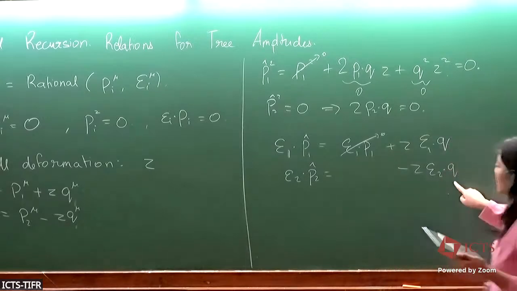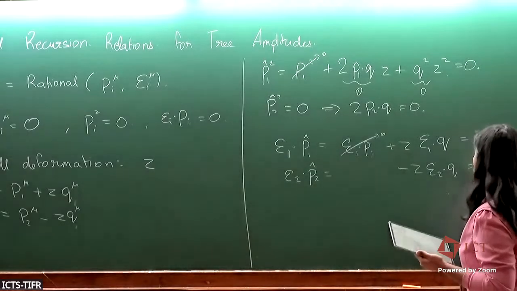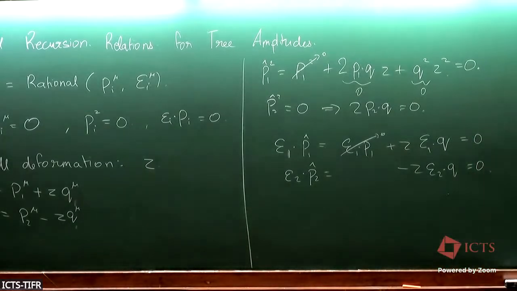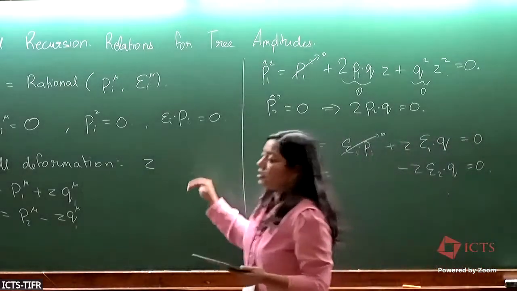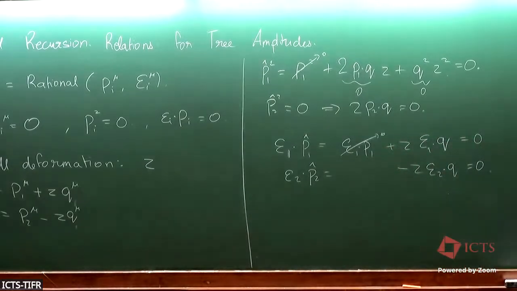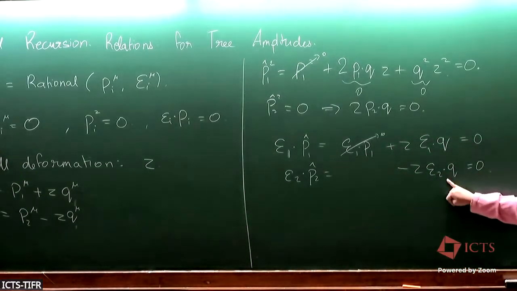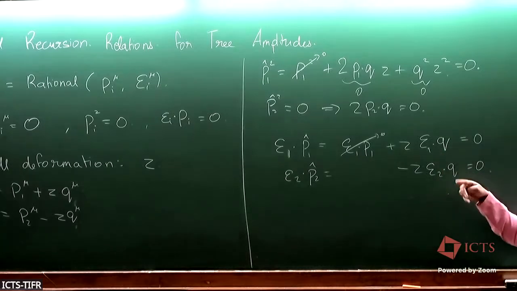Okay, but this should no longer be thought of as a condition on Q. It should be thought of as a condition on epsilon, right? So this is saying that this shift can only be an on-shell shift if my polarization vectors are chosen carefully so that whatever my shift momentum is, it's perpendicular to the polarizations 1 and 2.